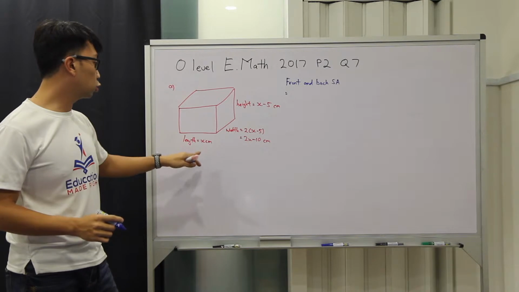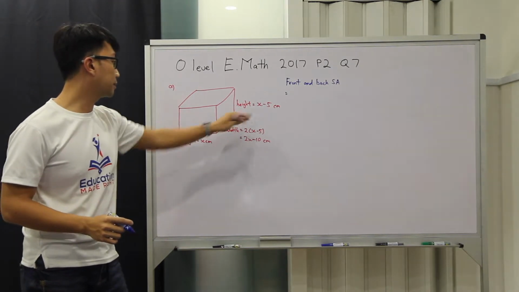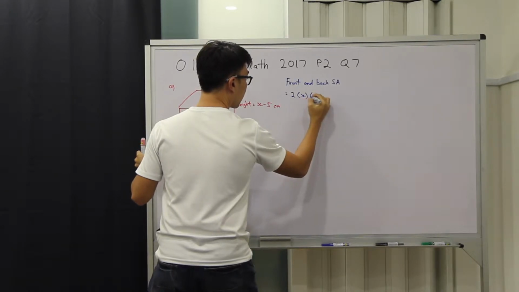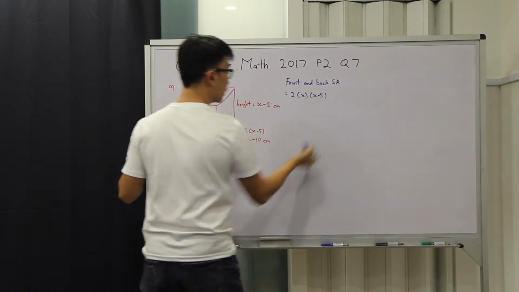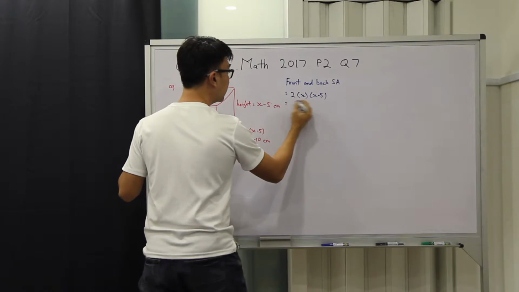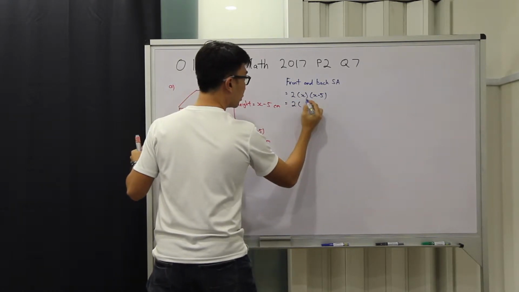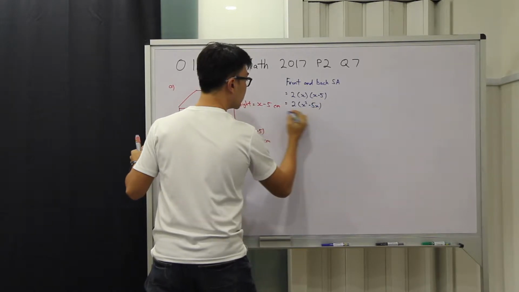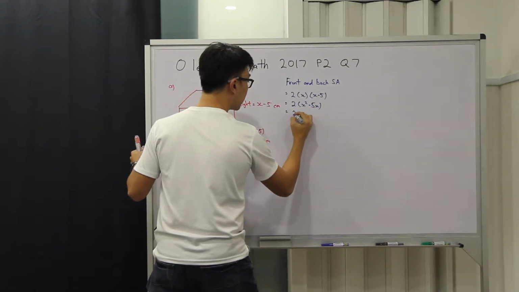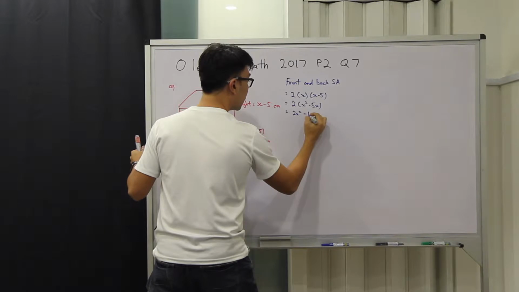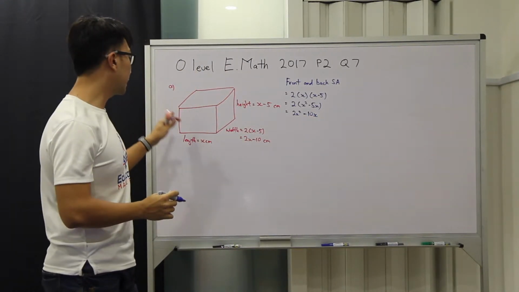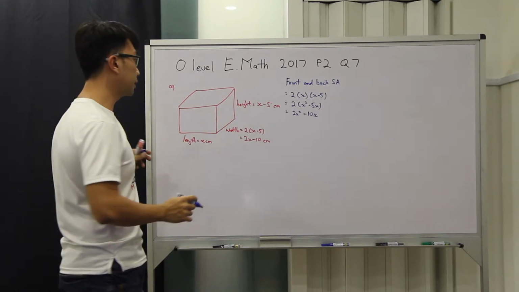We can take 2 times the length times the height. We can first expand this and we'll get x squared minus 5x, and further expanding will get us 2x squared minus 10x.